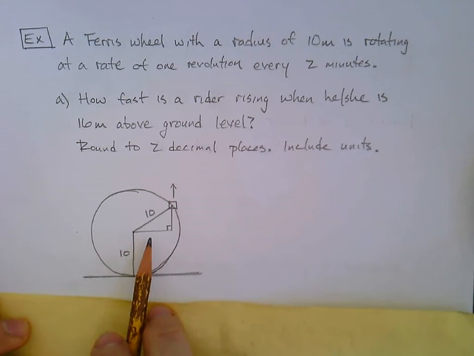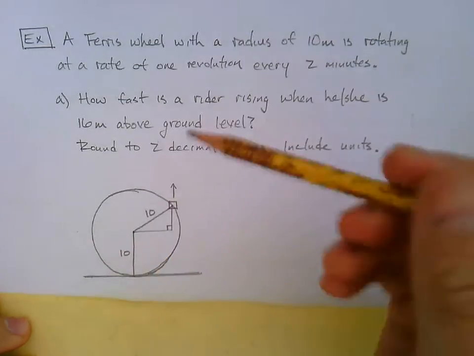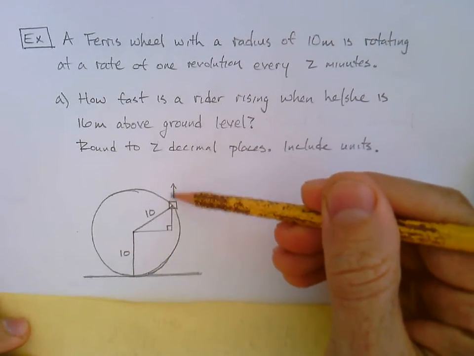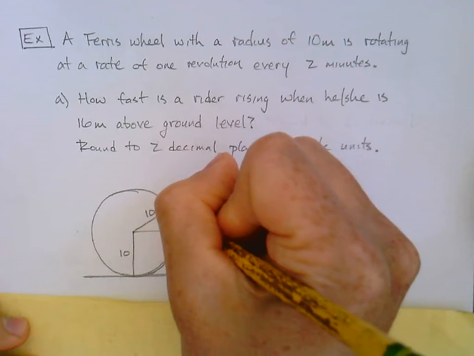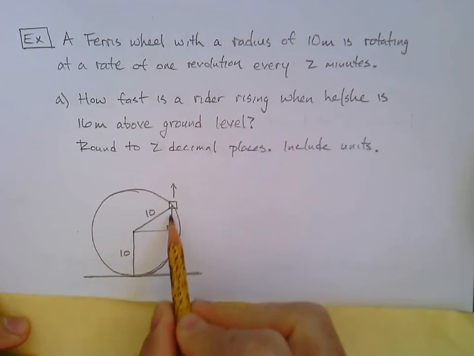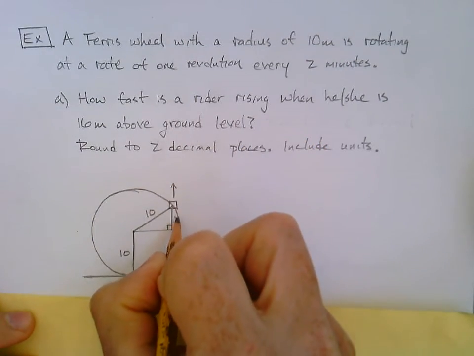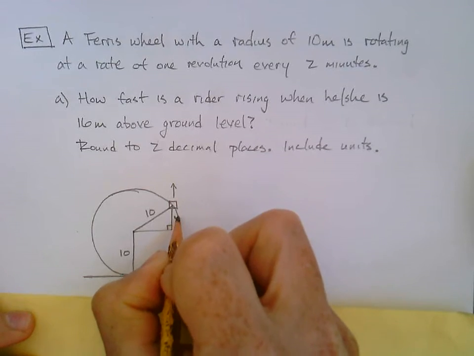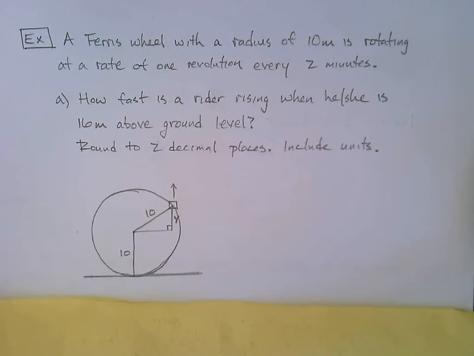And on that triangle, we can say, okay, so how fast are they rising? We're going to label this length here as changing. That's a y. Makes sense to use y. It's a vertical distance.